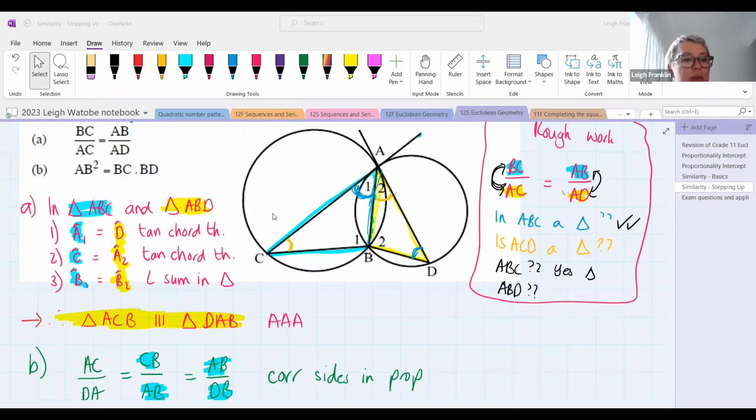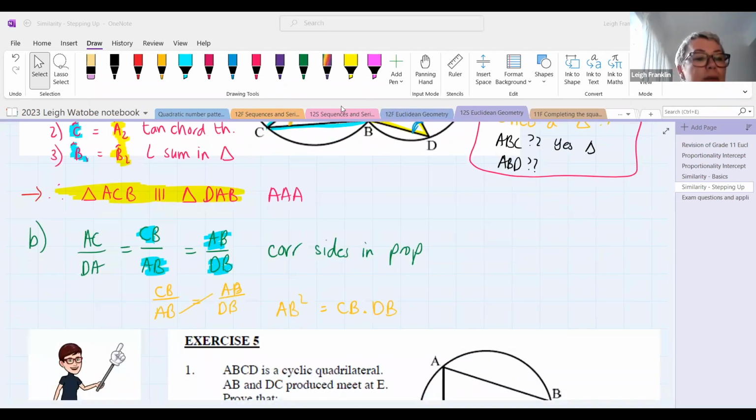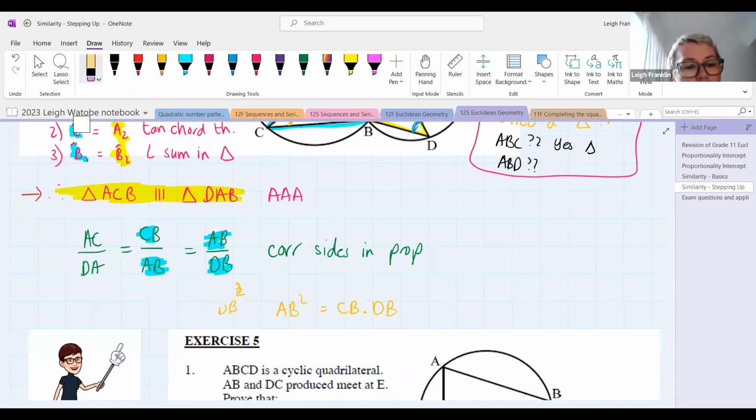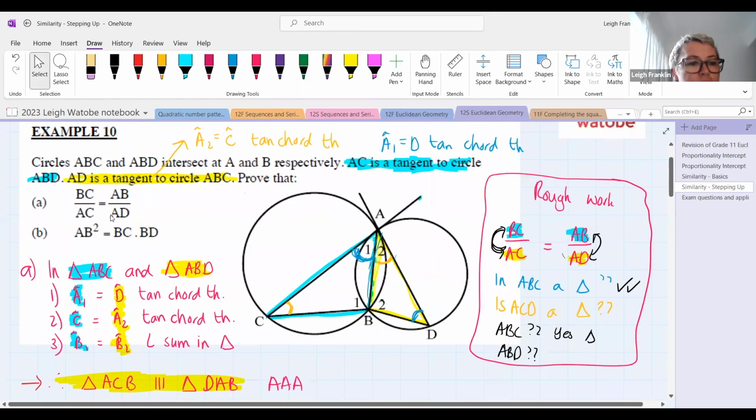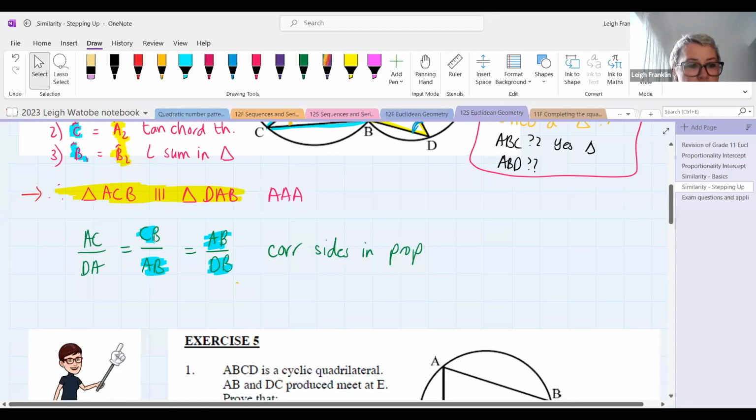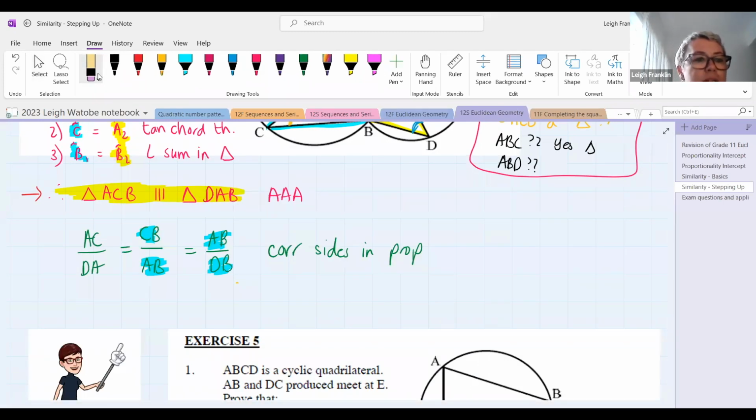You're quite right. I went straight to the second part and I didn't even worry about the first one. So we would have to do the same thing. This is the problem when you have to go up and down, up and down. Let me just go back here. Okay, so all of this is correct. What did they want us to prove? They wanted us to prove that BC over AC. So let's just rub this out and write it again.